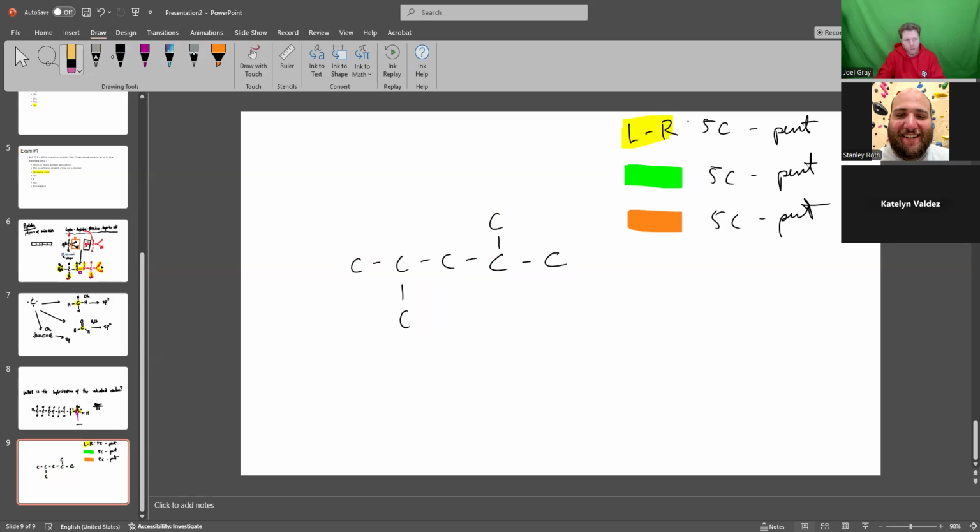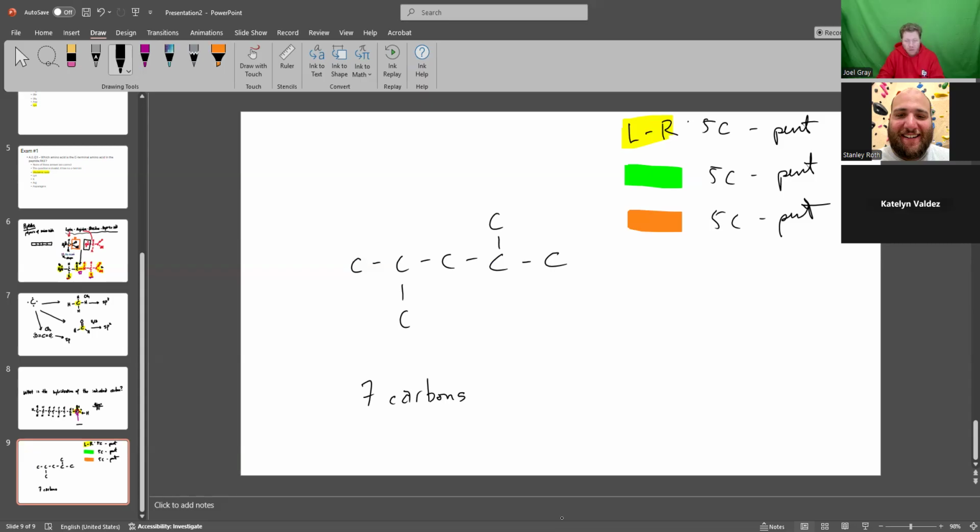Now, a fair question is, well, what do we do with that? Because you can see that there are a total of 7 carbons. So why is this not heptane?